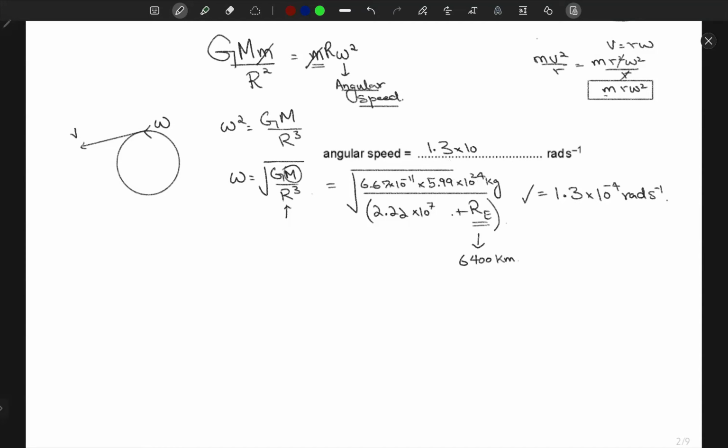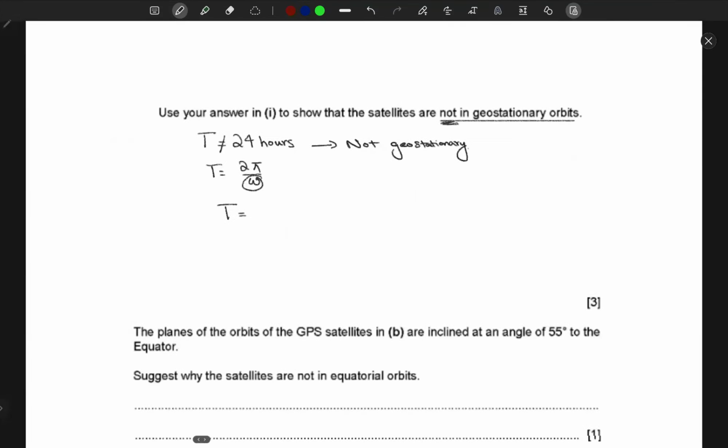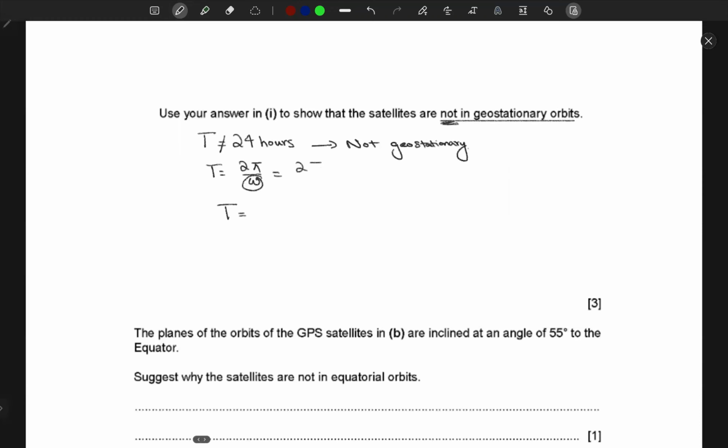So I can just use this value now in this omega. So T really becomes 2 pi by, what was the value again? I think it was 1.3 times 10 raised to power minus 4 radians per second.